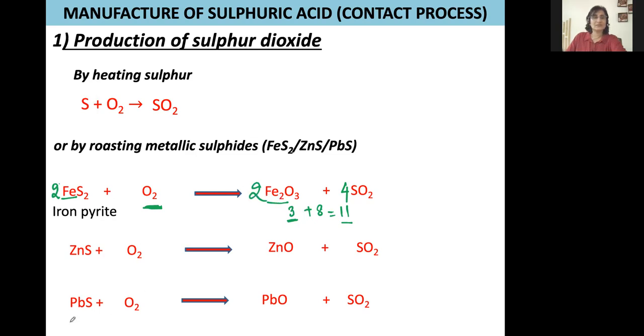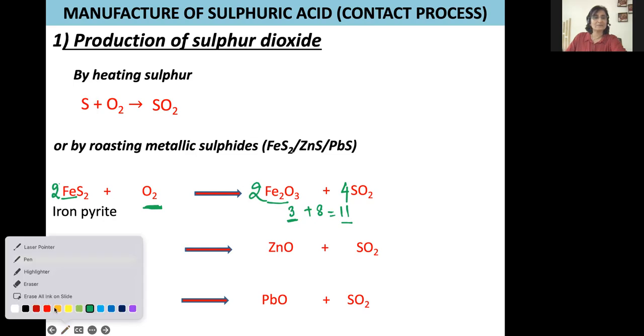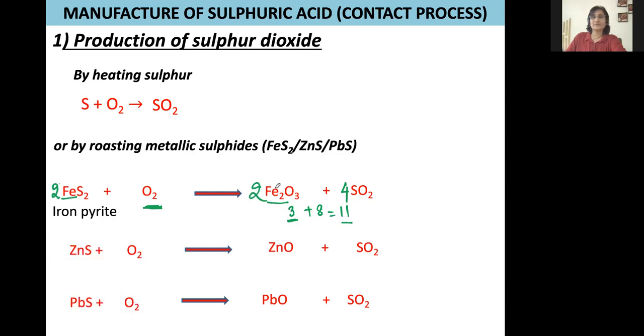Because of this, now the oxygen has become, in this section, oxygen has become 6. What happened to the iron? 4. So we cut this and we write 4. Because of this, again, sulfur changes. 4, 2s are 8. So we cut here and we write 8. Now let's check the oxygen again.